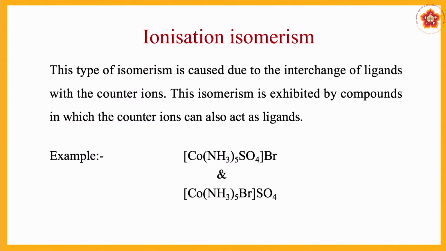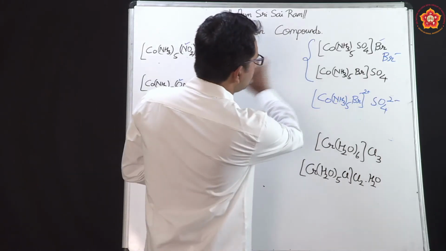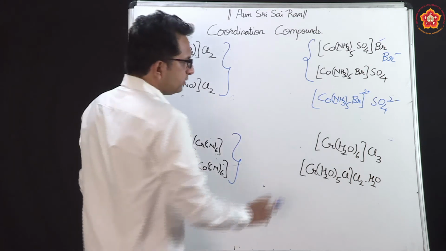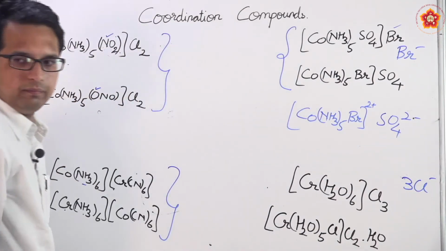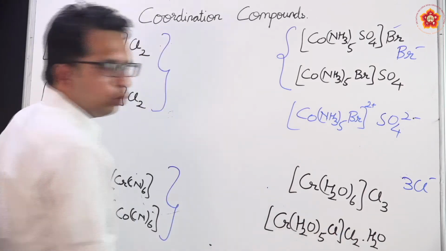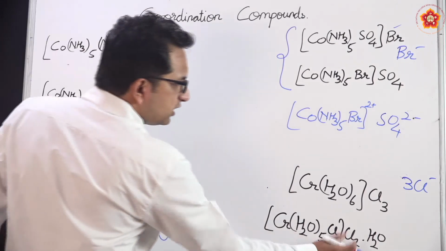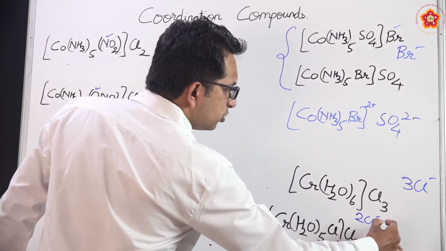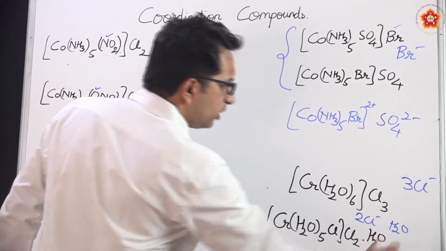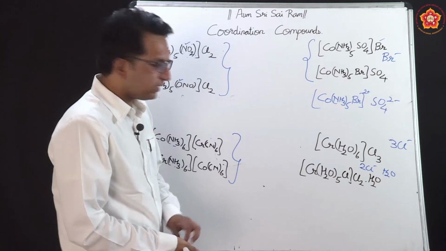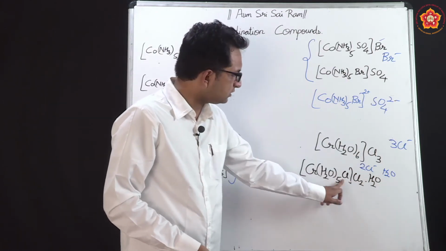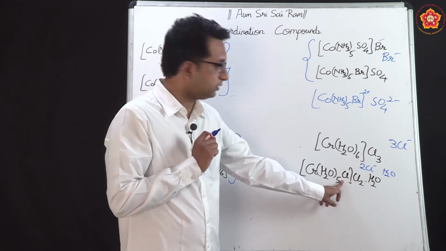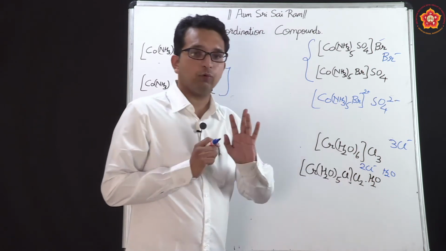What about the last one then? This seems similar to the previous one, where in this case you get 3 Cl minus ions separately, whereas in this case you get 2 Cl minus ions because Cl2 is outside, and you also get 1 water molecule. What has happened here is that 1 Cl has gone inside as secondary valency and one of the water molecules has come out.